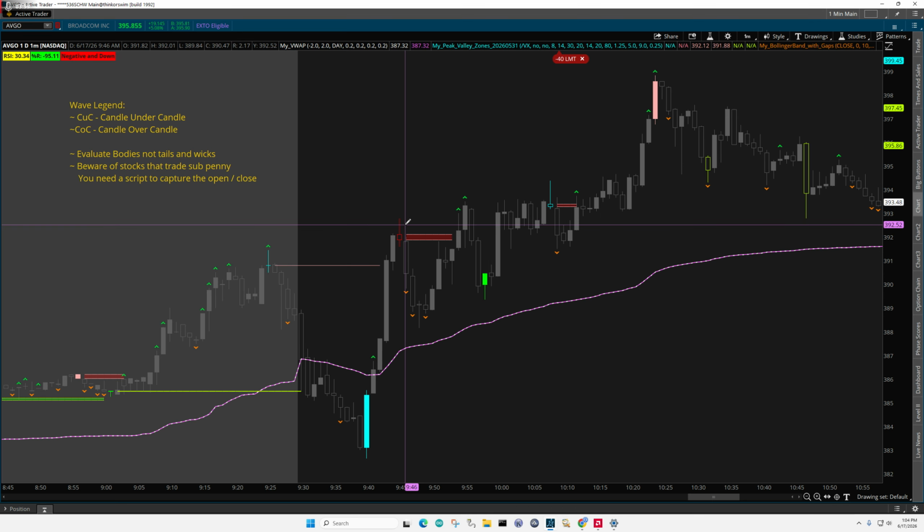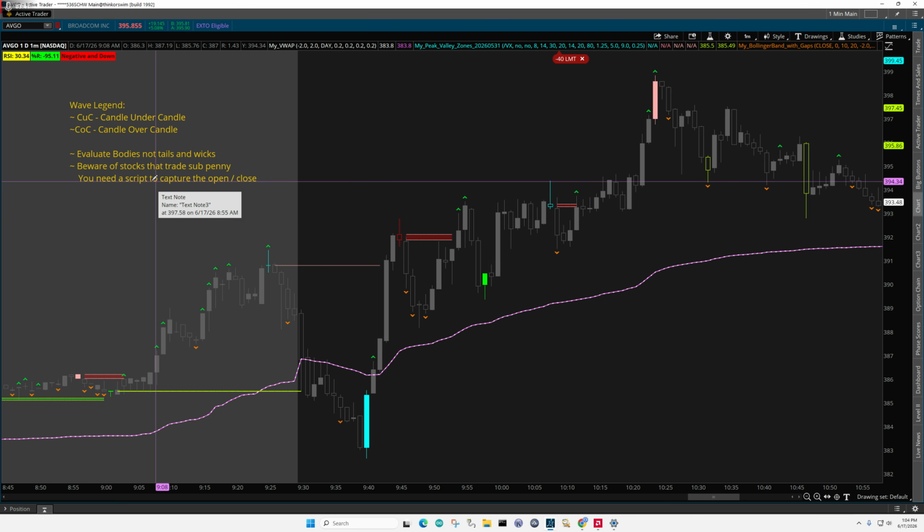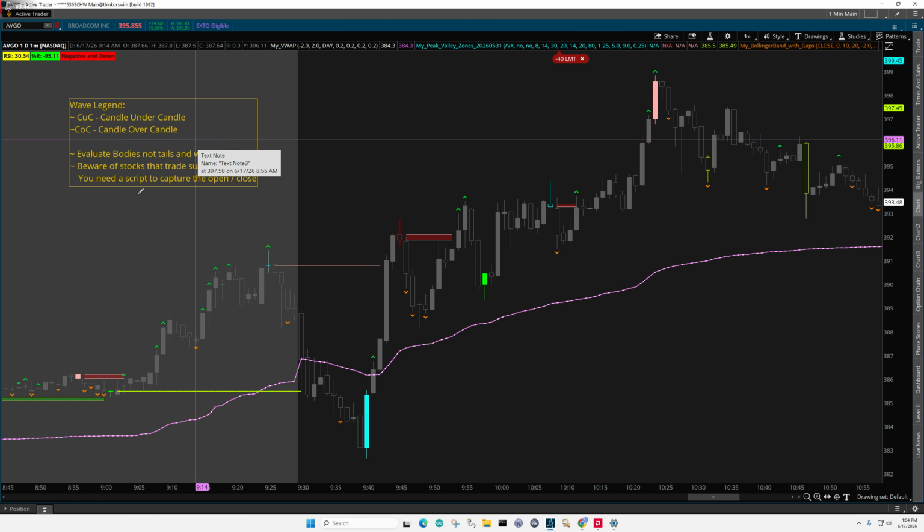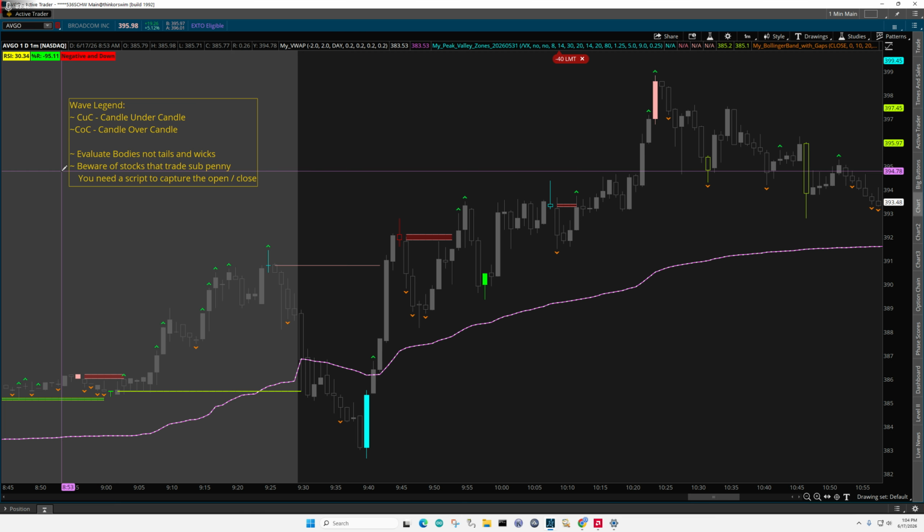It's always the bodies. And if you're trading stocks, beware of stocks that trade in sub-penny increments. Most stocks, even AVGO, which is almost a $400 stock right now, trade in sub-penny increments.